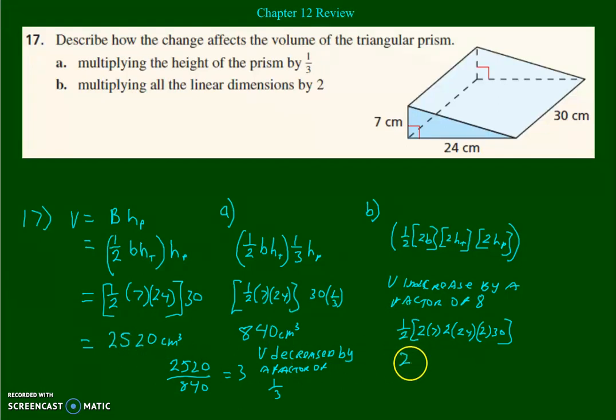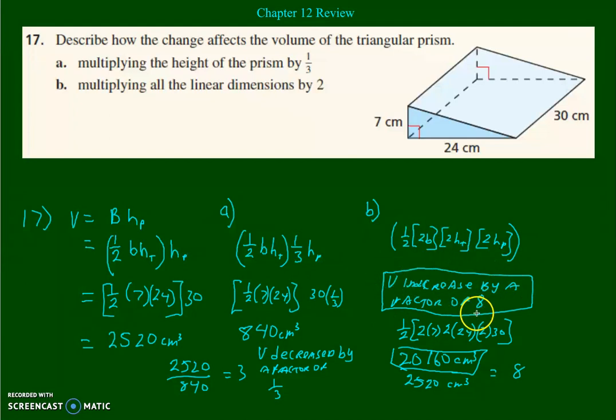We get 20160 cubic centimeters. And if we divide this by this, we in fact get 8. So this is our new value, and this is in fact correct. Our volume increased by a factor of 8, and that's what it was looking for.